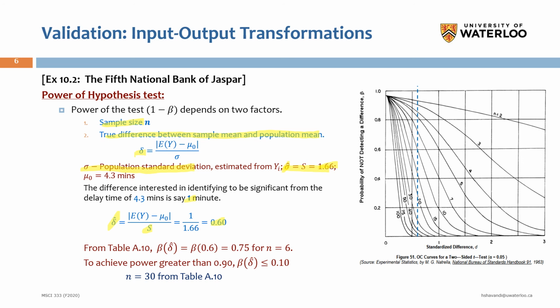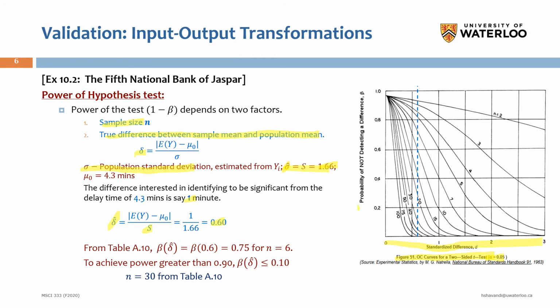Okay, so now in order to obtain the sample size, we have OC curves here obtained by the two-sided t-test, operating characteristics curves. Okay, and in the horizontal axis, we have the standardized difference d, which is the delta hat, I mean the estimation for the true difference.